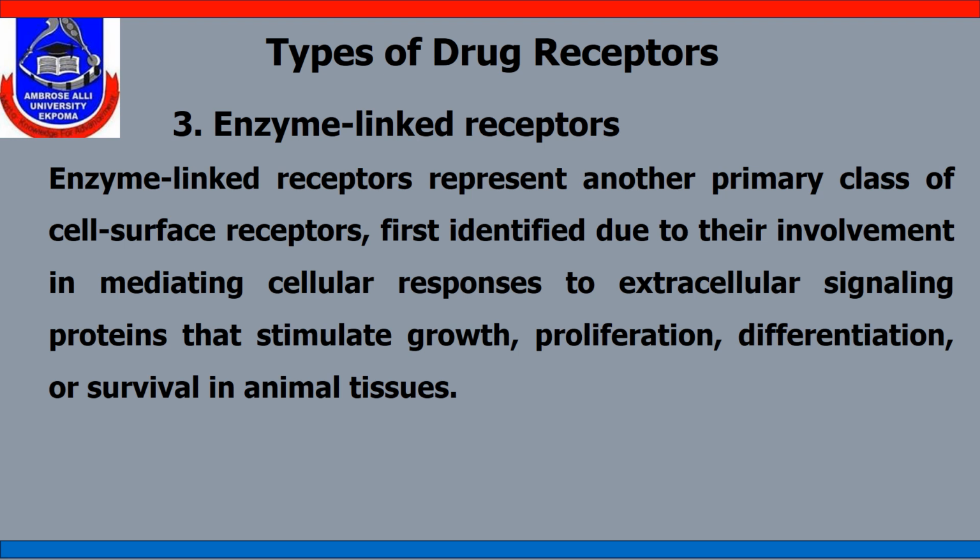Number 3 is enzyme-linked receptors. They represent another primary class of cell surface receptors, first identified due to their involvement in mediating cellular responses to extracellular signaling proteins that stimulate growth, proliferation, differentiation, or survival in animal tissues.